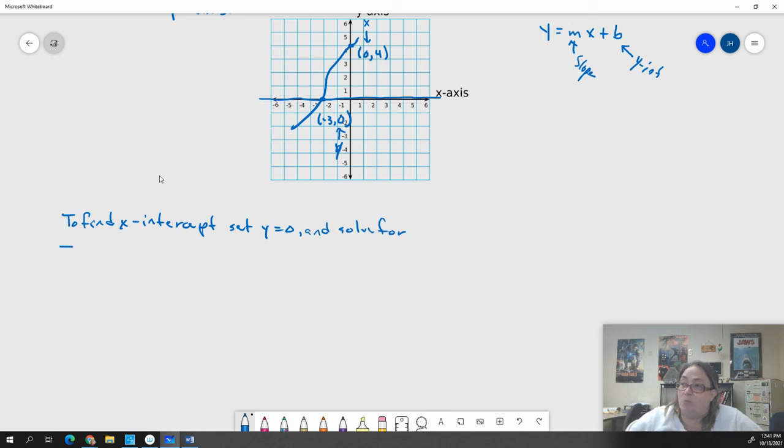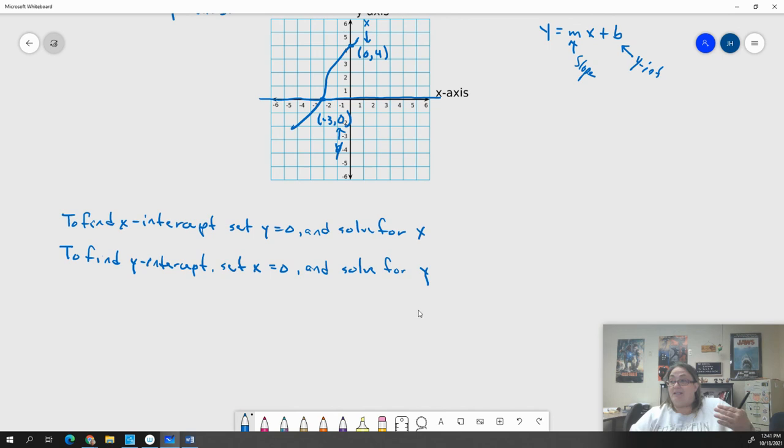To find the y-intercept, we set x equal to 0 and we solve for y. Oops, I forgot to write the x up there.